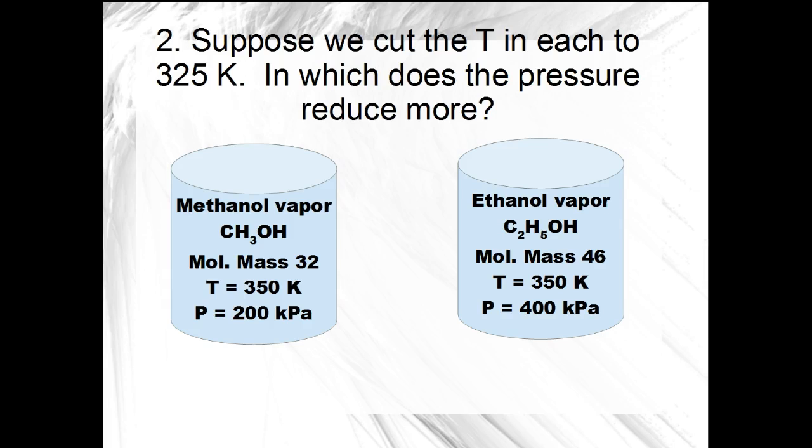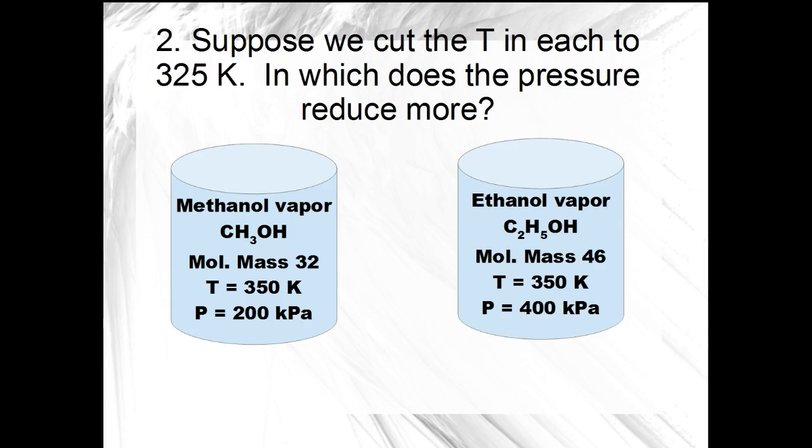Now you can do this with P1V1 over T1 equals P2V2 over T2, and you can then see, since the volume is the same, that the pressure is going to go down proportionately to the reduction in the absolute temperature. However, on the right, the pressure is higher to begin with.